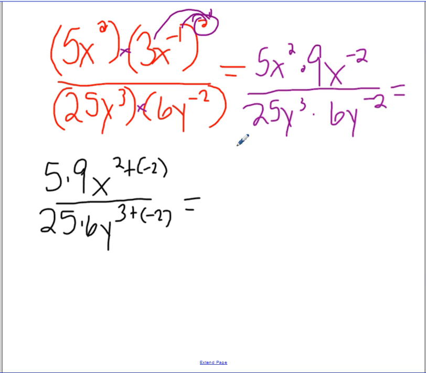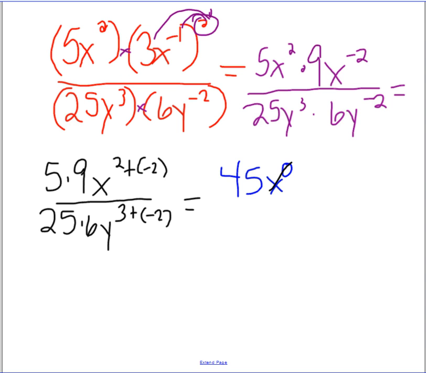Okay. Then 9 times 5 is 45. And then 2 plus -2 is 0. Remember, anything to the 0 power becomes 1. So we can just ignore that because anything times 1 stays the same.